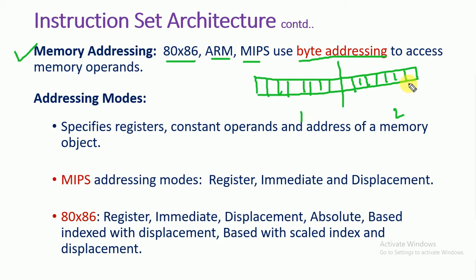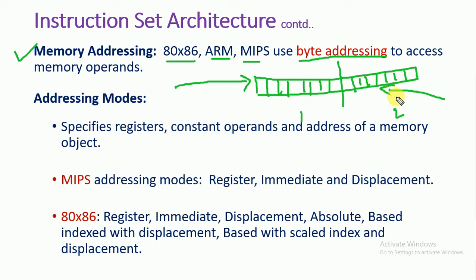If the data is very small, it can be placed only in the first byte, so if somebody tries to access that data, they need to access only the first byte. Now if the data is present in the second byte, the instruction will directly access the content from the second byte alone.